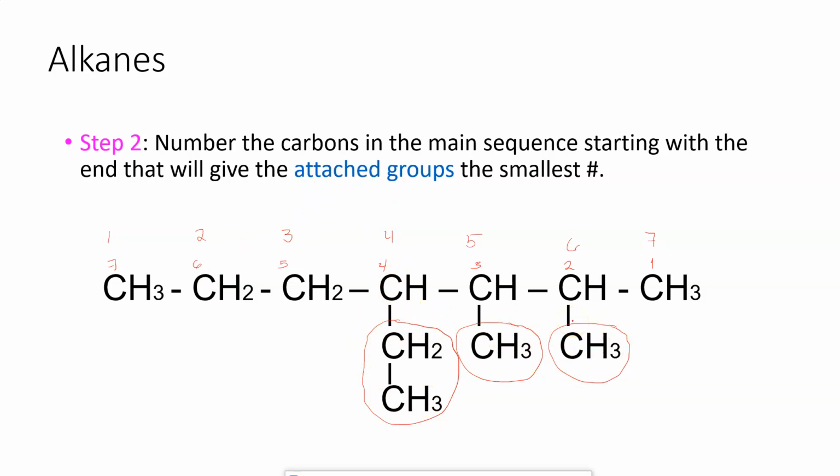So if you see the way the attached groups give me the smallest numbers, if I start counting from the right to the left, okay? So I have to keep in mind that I have a 7 carbon chain, and I'm going to start counting from the right to the left, okay?